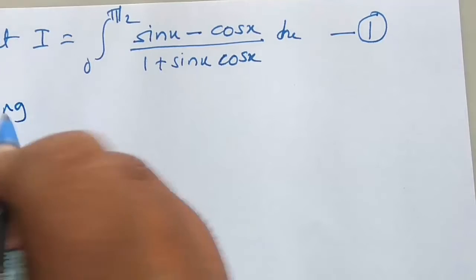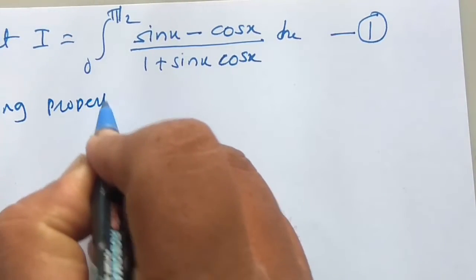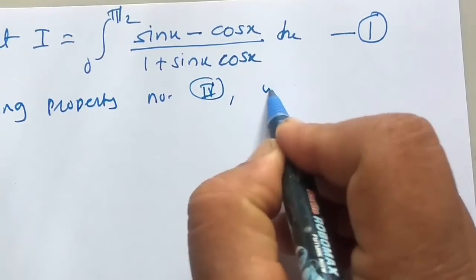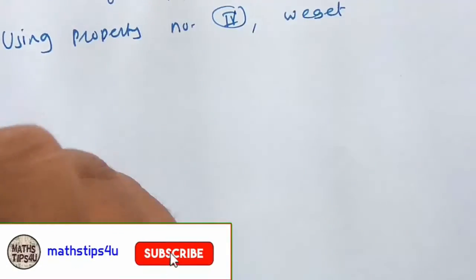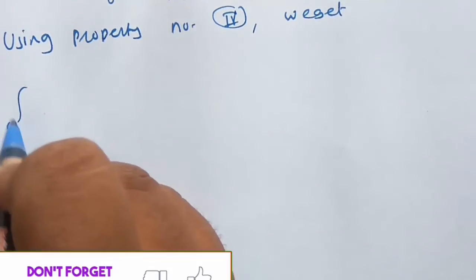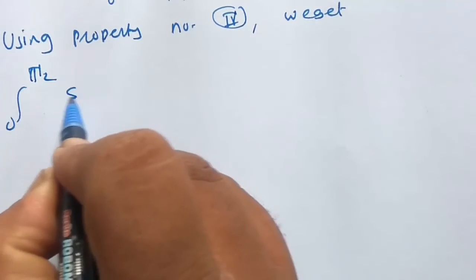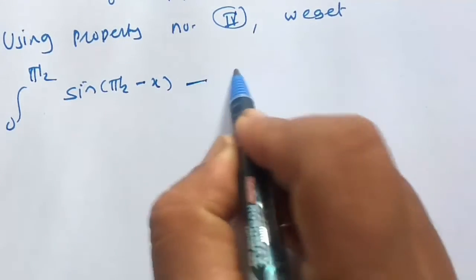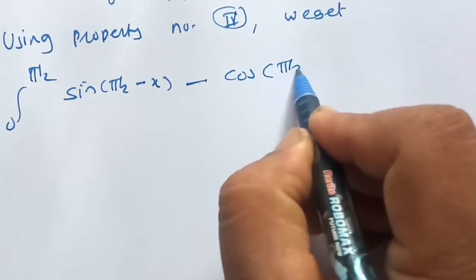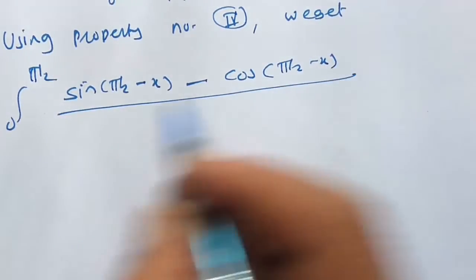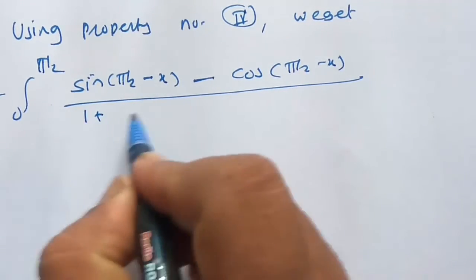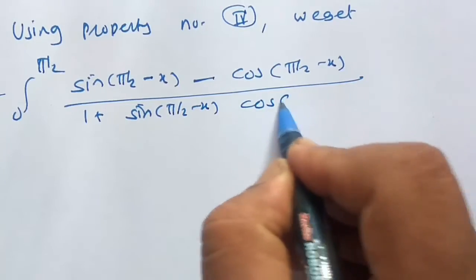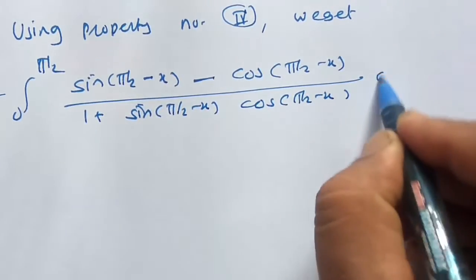Using property number 4, we get I is equal to the integral from 0 to pi by 2 of (sin of (pi by 2 minus x) minus cos of (pi by 2 minus x)) upon (1 plus sin (pi by 2 minus x) into cos (pi by 2 minus x)) dx.